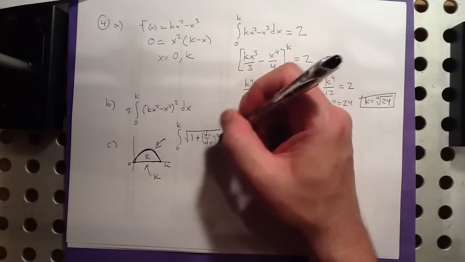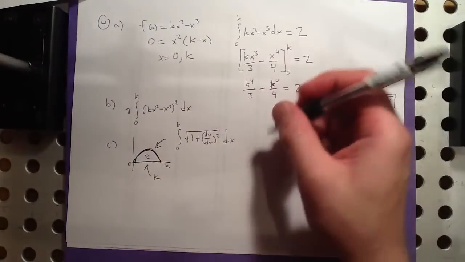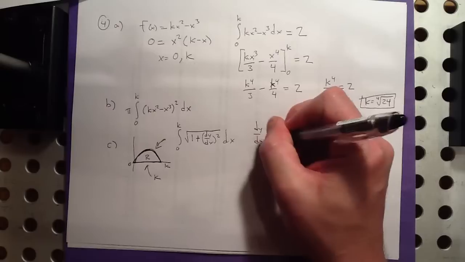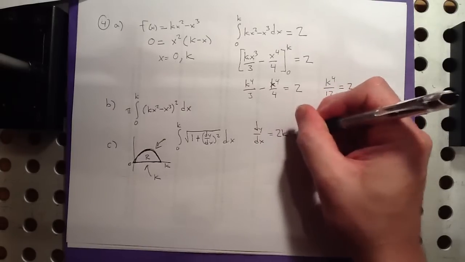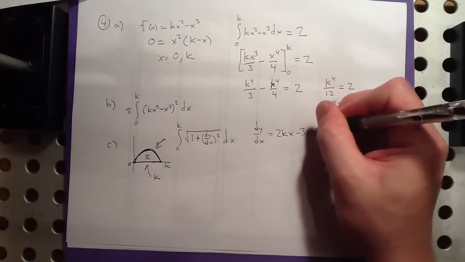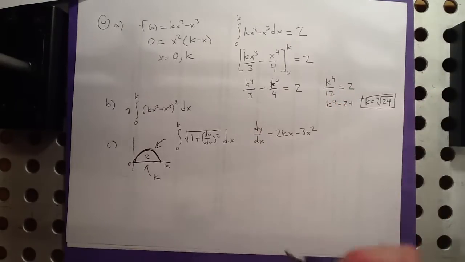So we need to find that dy dx. Our function is here, so dy dx would be 2kx minus 3x squared, and we put that in there.